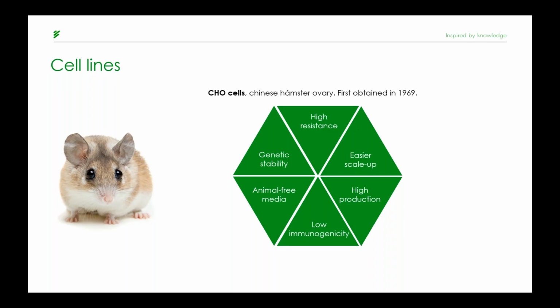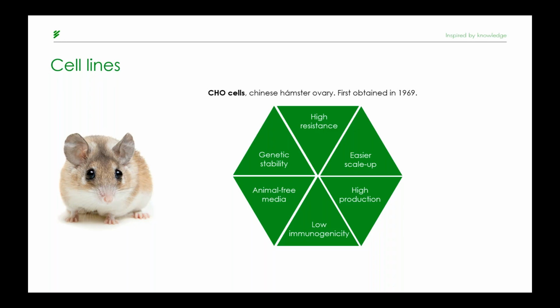Its popularity is based on the following qualities. The first one: they present a greater resistance to changes in the environment, in the culture media, such as alterations in the pH and in the temperature too.